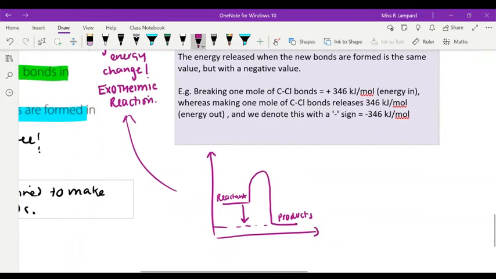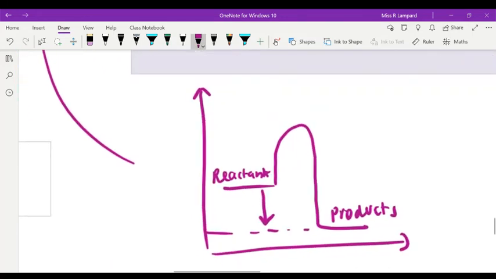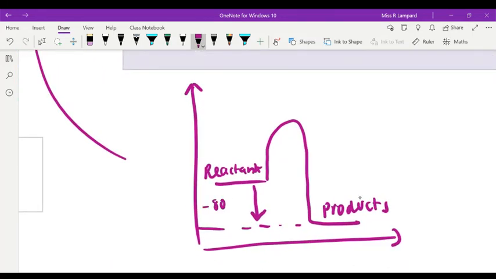So here, if we were to sketch a graph for this, we would be able to say that the overall energy change is minus 806 kilojoule per mole. Okay, so more energy was released when making bonds than energy put in to break bonds, which is why we've ended up with this negative sign here.